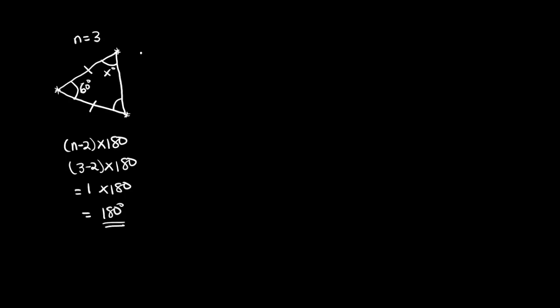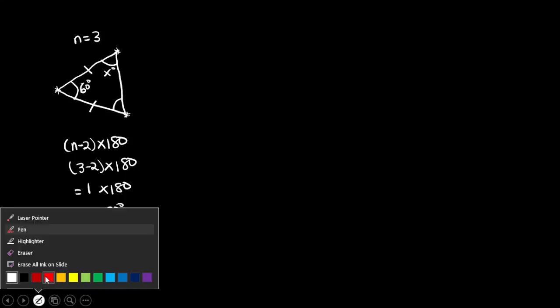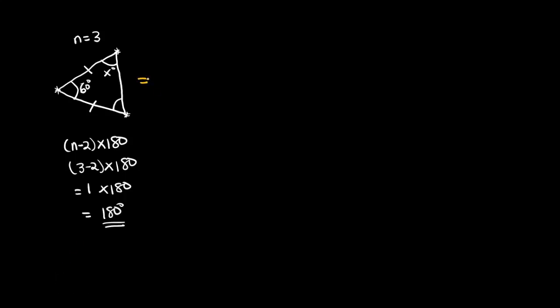So we have (n minus 2) multiplied by 180, and n is equal to 3 since it is a 3-sided figure. 3 minus 2 is 1, multiplied by 180, so this is equal to 180 degrees. So I will equate everything in the triangle to 180 degrees.